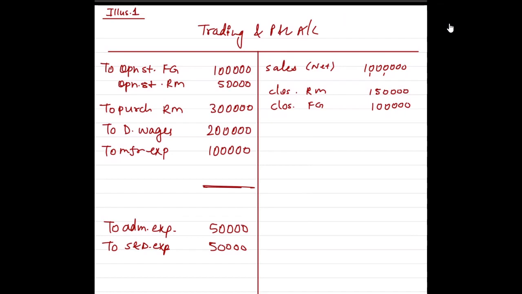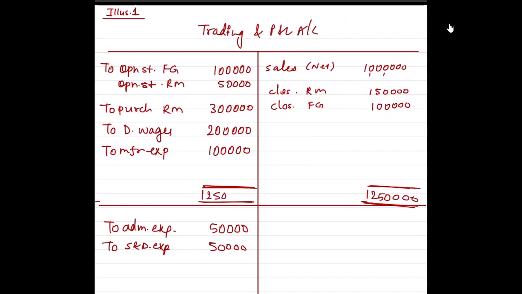So let's do the total first of the trading part. You have 10 lakh of sales, 150 raw material, 1 lakh finished goods. So this would give you 12 lakh 50,000 as a total.